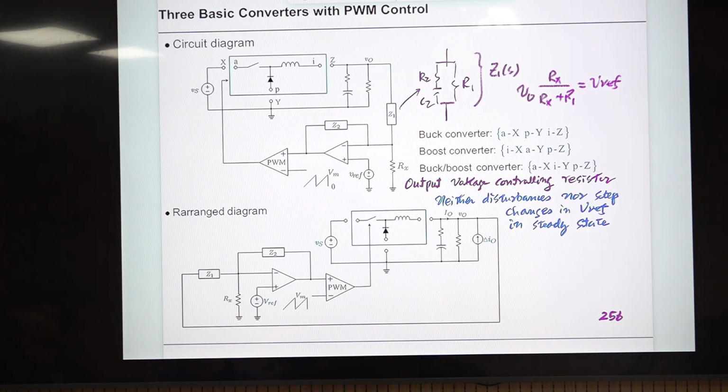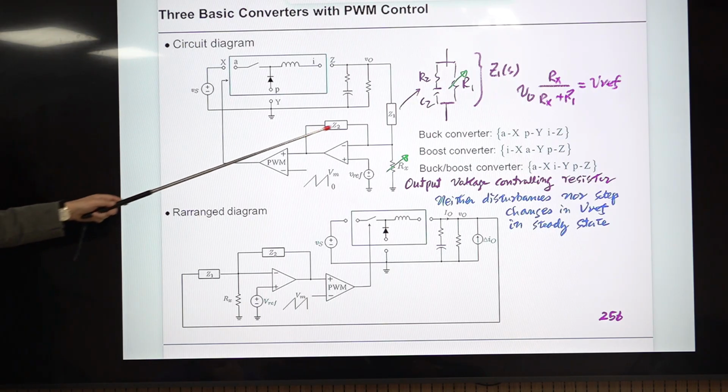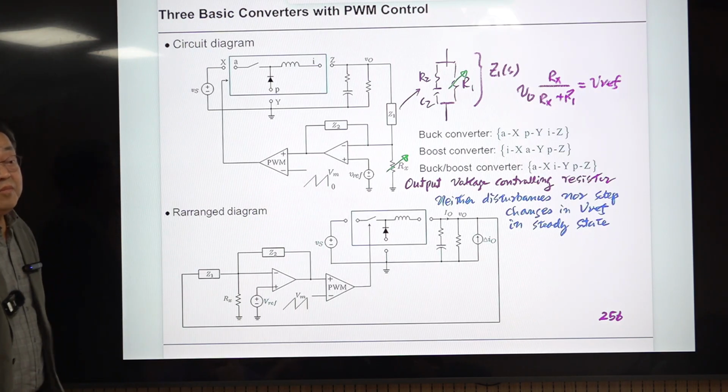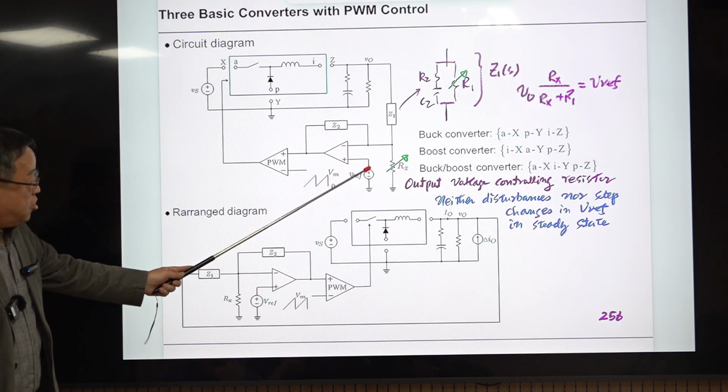For that purpose, you can change this, or you can change this, or you can change both of them. Which one do you want to select? Which one do you want to change? This one, or both of them? You should change this.